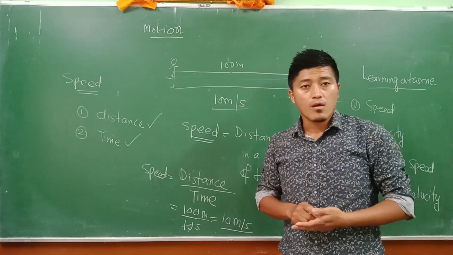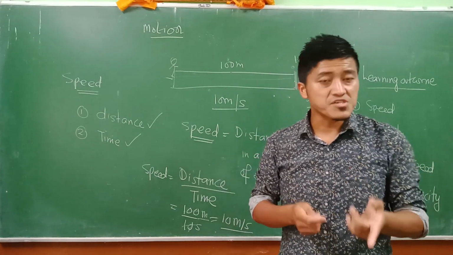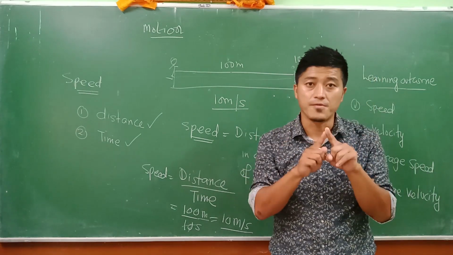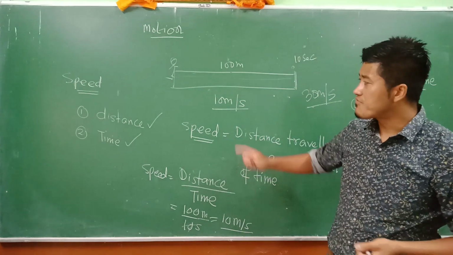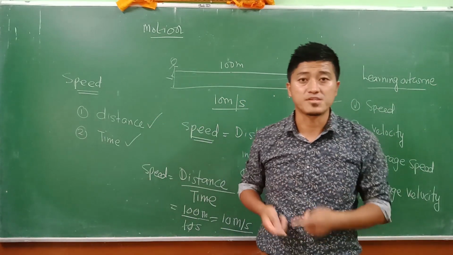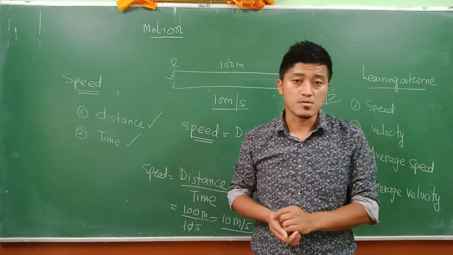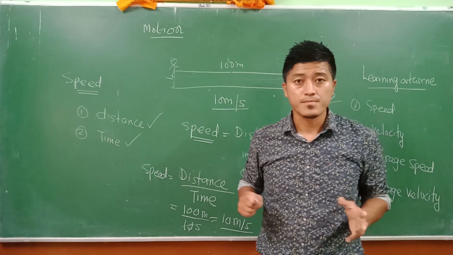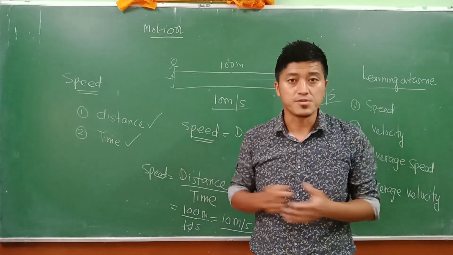But if I ask you in which direction the cheetah is running, we don't have any idea from that statement. So whenever we talk about speed, we never have any idea about the direction. For example, Mr. Dundup is running at a speed of 10 meters per second. That's it, no direction here.